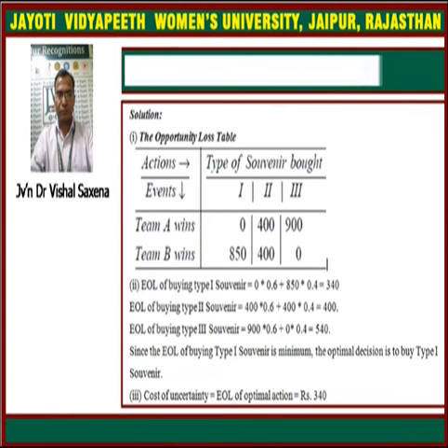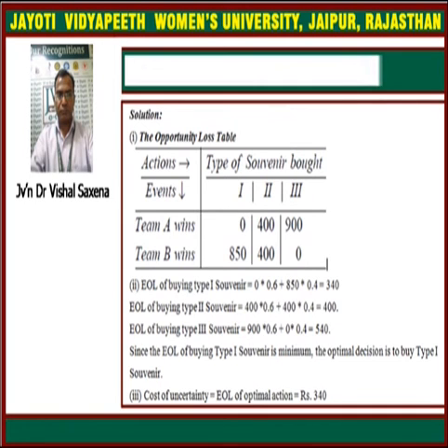These are the opportunity losses for team A, while for team B they are 850, 400 and 0, obtained by the same process explained for team A.